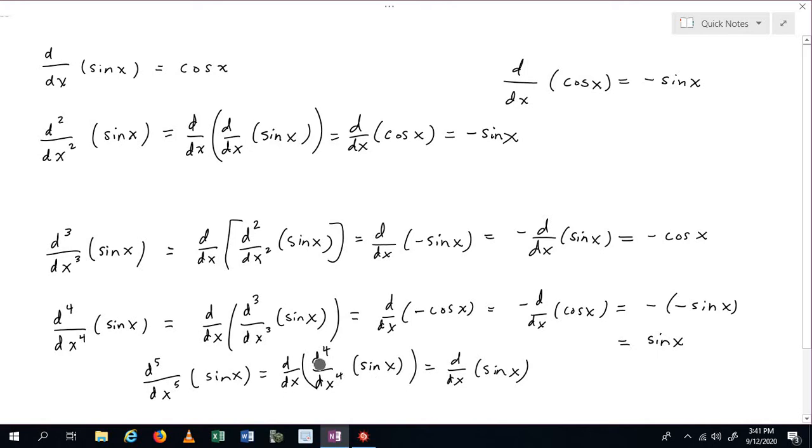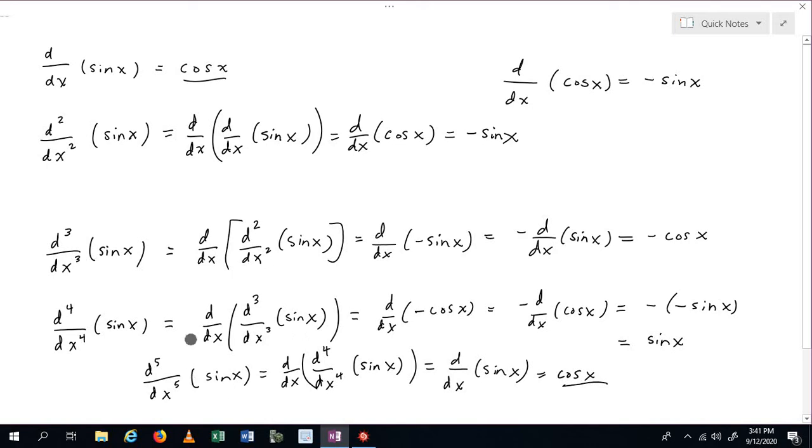And so it boils down to the derivative of sine of x, which we know is cosine of x. And so we're repeating at this point what we've done before. You can see you're getting cosine of x back now. And so it cycles through.